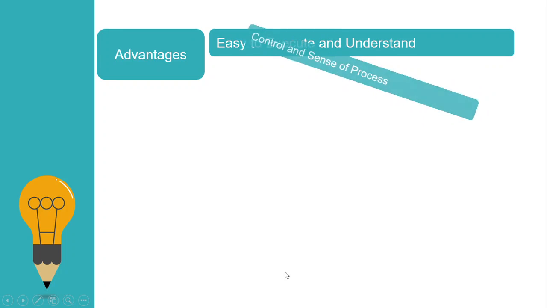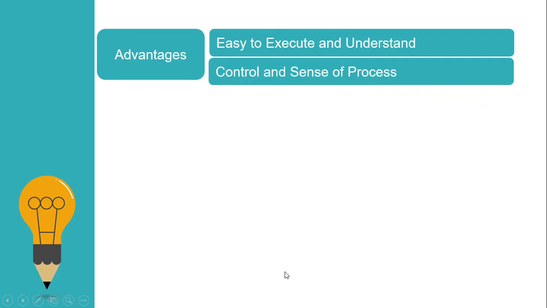And the other advantage of this sampling technique is control and sense of the process. A systematic method also provides researchers and statisticians with a degree of control and sense of process.